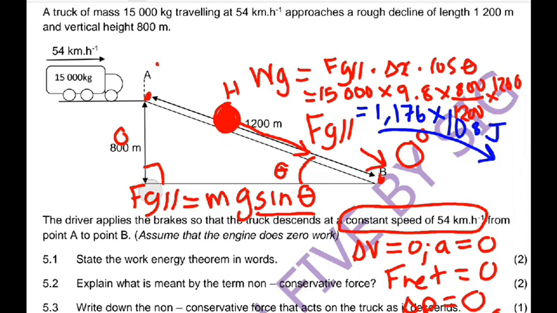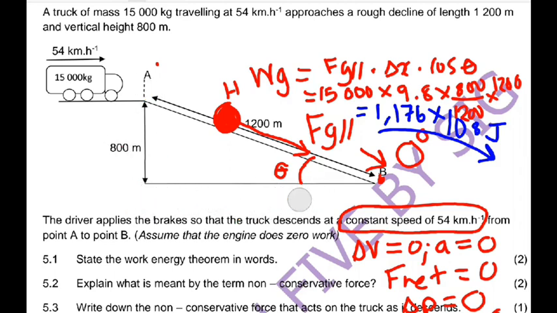Okay, alternatively, I can say, well, since I know the vertical height, I'm going to consider the object, this truck, is just moving this vertical height of 800. In this case, the force that acts vertically downward is Fg.